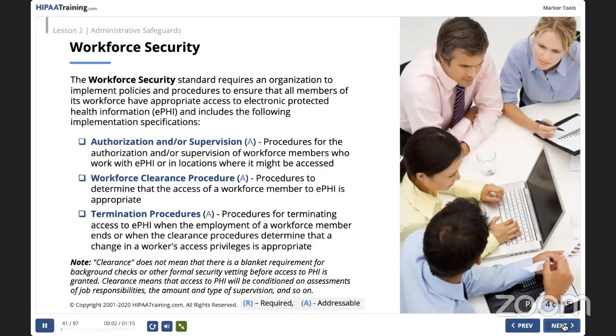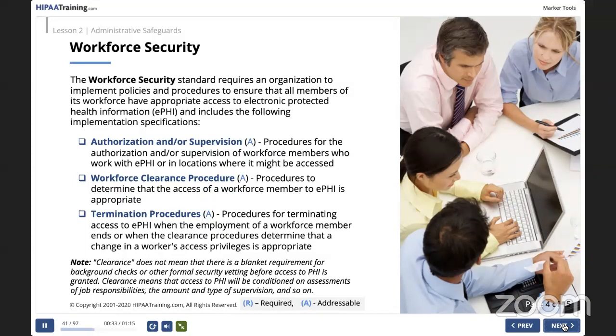Workforce security. The Workforce Security Standard requires an organization to implement policies and procedures to ensure that all members of its workforce have appropriate access to electronic protected health information, EPHI, and includes the following implementation specifications: authorization and/or supervision. Procedures for the authorization and/or supervision of workforce members who work with EPHI or in locations where it might be accessed.